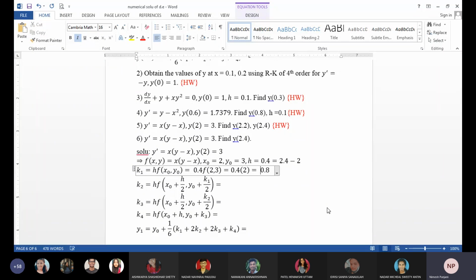That gives you 0.8. सर 2 कैसे मिला? कौन सा वाला 2? 0.4 into 2. See, this is your function ना, x into y minus x. ओके सर समझा.